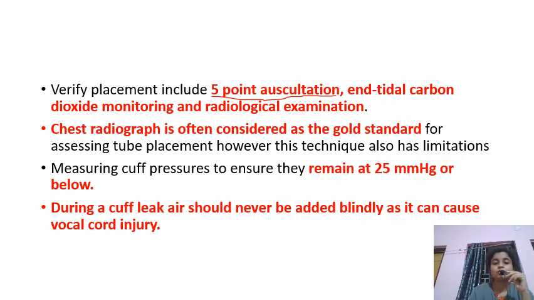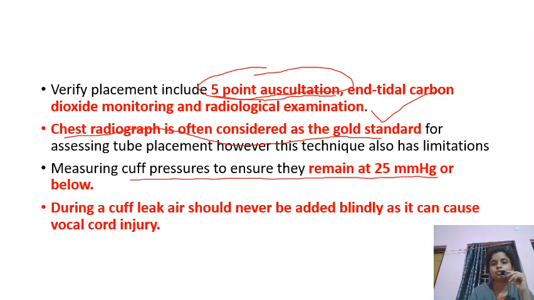After the tube placement, always auscultate the lungs to see whether both lungs are getting equal ventilation or not. End tidal carbon dioxide monitoring and radiological examination are very important after the placement of the tube. Chest radiograph is the gold standard method for identifying whether the tube is in place or not. And measure the cuff pressure to ensure that it is within 25 to 30.